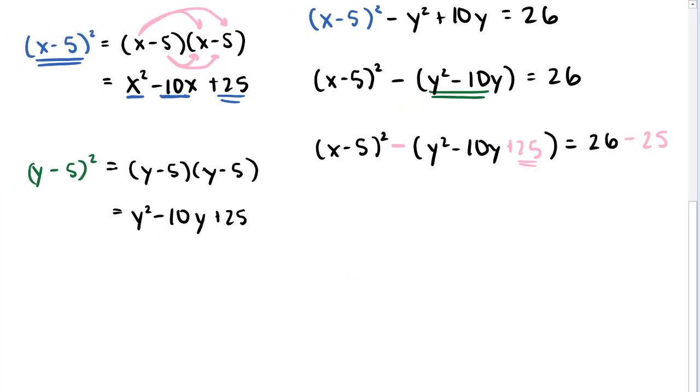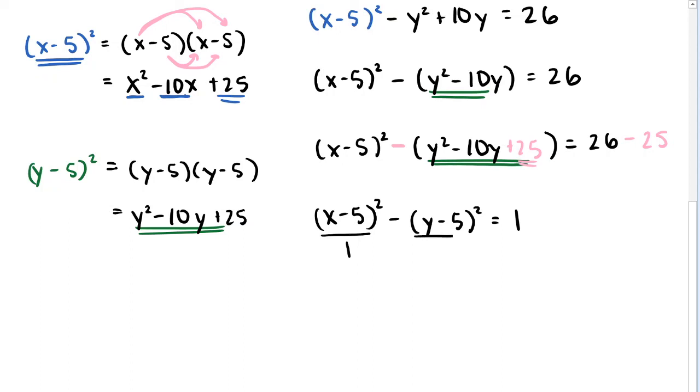Here, this y expression in the parentheses, that's the same one here that we've said is equivalent to y minus 5 squared. So here we have x minus 5 squared minus y minus 5 squared is equal to 26 minus 25, which is equal to 1. And so this is a hyperbola. It looks a little bit different because we don't have the denominators, but I can imagine each of these terms as having a denominator of 1.